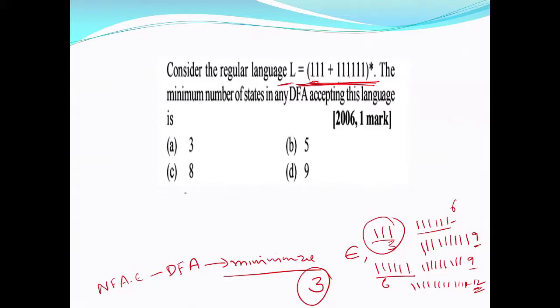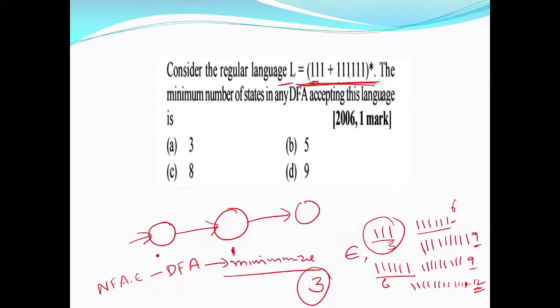That means when an FA has to recognize such strings, it has to remember what the possibilities are when it is not divisible. When it is divisible, I will be here at 0. When it is not divisible, you may get remainder 1, which is this, and remainder 2.